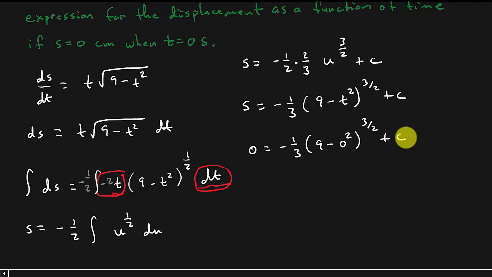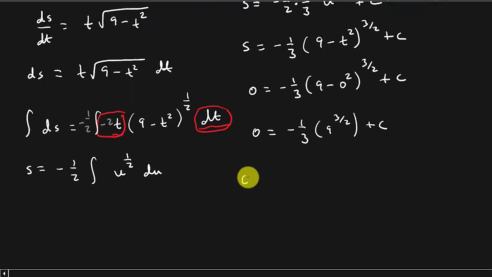All right. And so this is going to be 0 equals negative 1/3 times 9 to the 3/2 plus c.